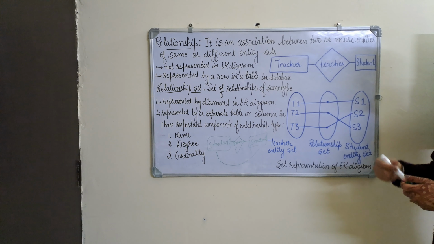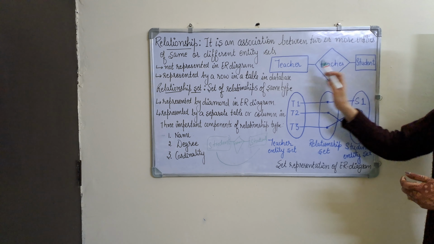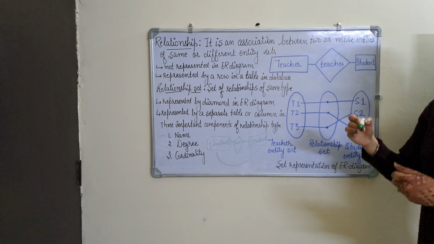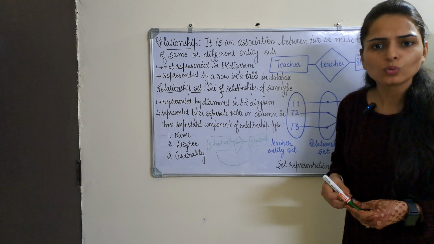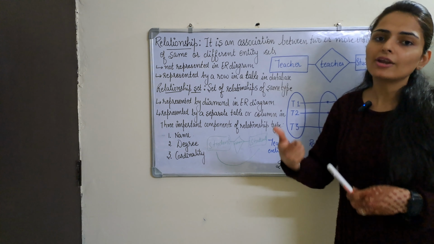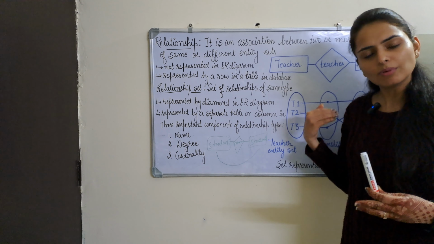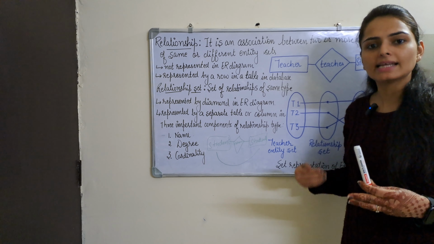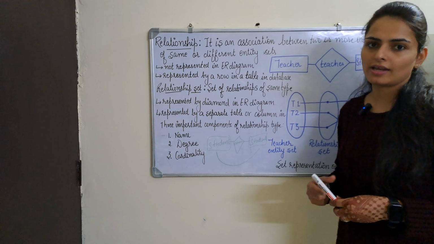Over here we have this relationship set between teacher and student, and the relationship set name is teaches. Now if we have some other relationship set, say for example student enrolled in course, that name is enrolled in, right? So within one database we have multiple relationship sets, and each and every relationship set's name will be unique so that we can later on identify them.